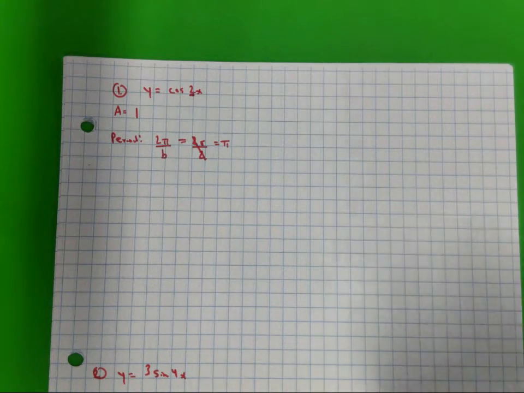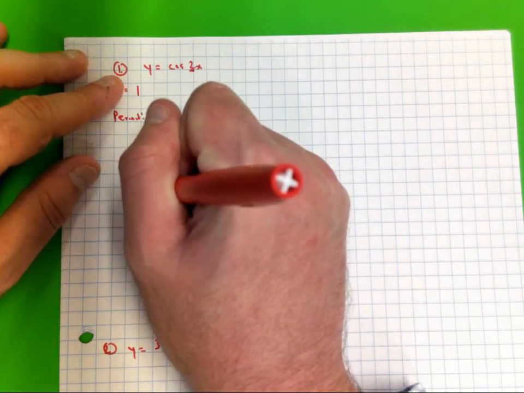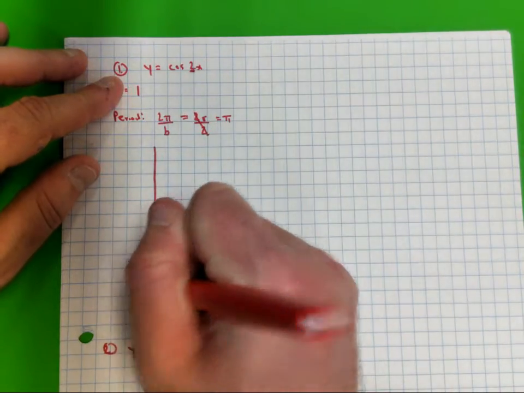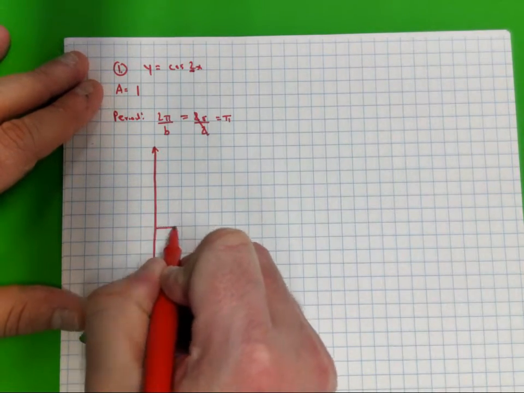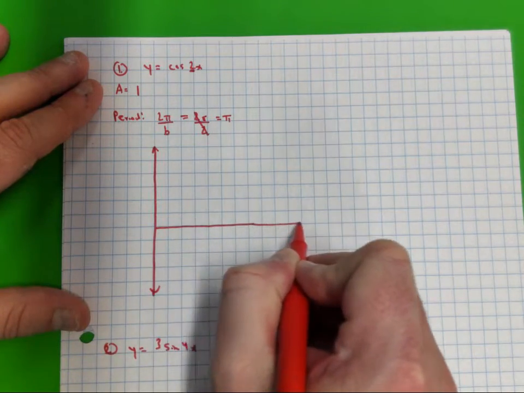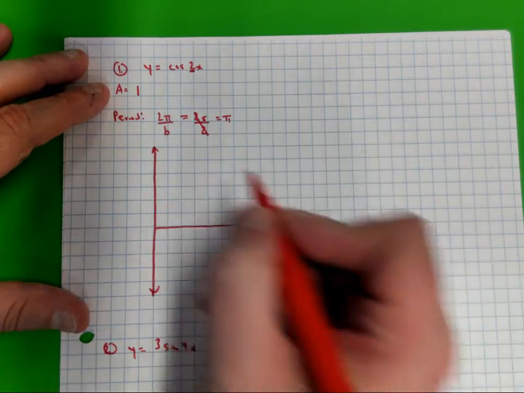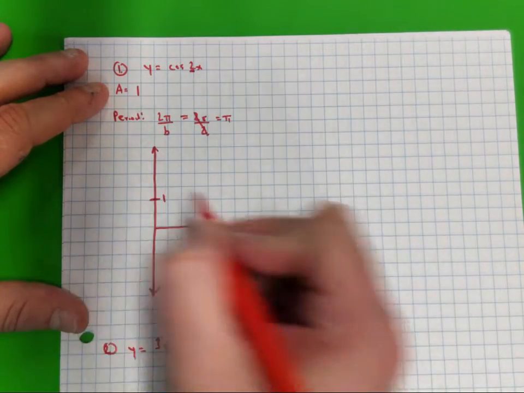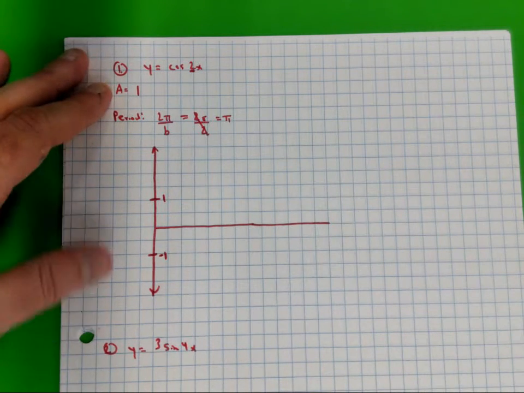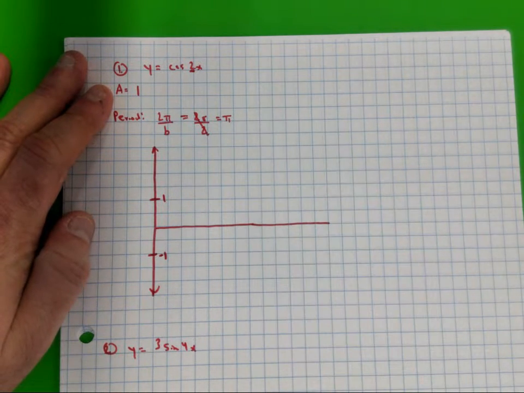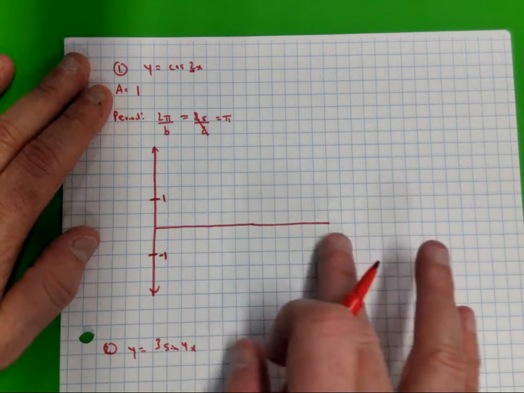Now we're ready to construct the graph. Amplitude is 1. I will just go on my y-axis and put 1 and -1, because that's how it's going to fluctuate back and forth. Now the hardest part is determining your x values.